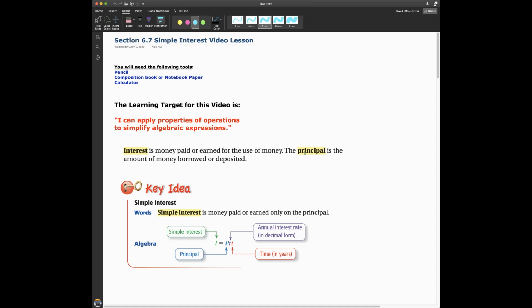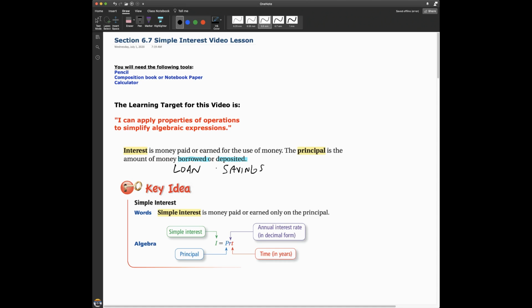The principal is the amount of money borrowed or deposited. So when we think borrowed, we think, oh, we're getting a loan. When you think borrowed, think loan. You're going to get a loan from a bank for something. And then there's deposited, which when you think about that, think about your savings account in a bank.